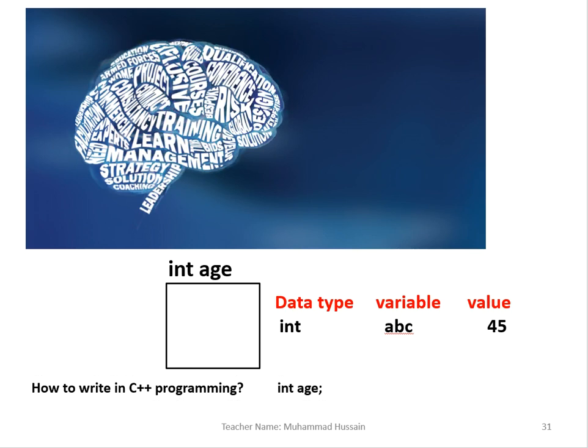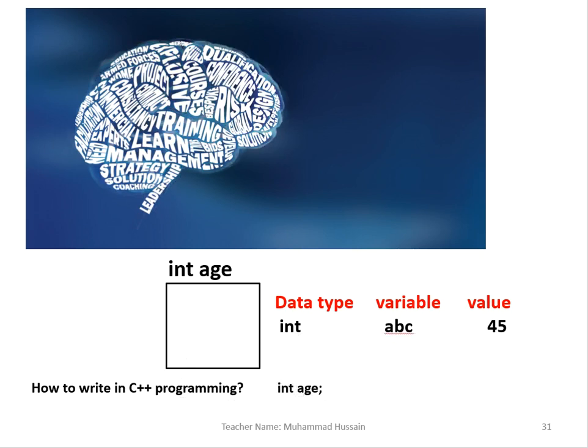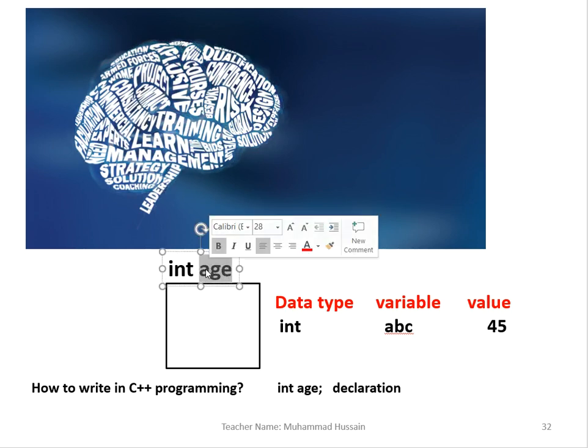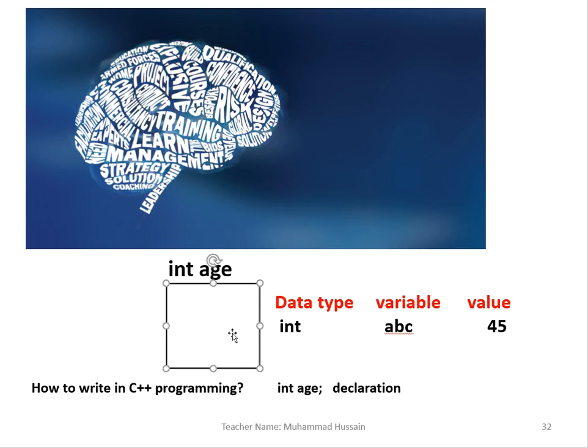If you give in your program an integer and a name, this concept is called declaration. Declaration means that you have a block name and which type of data this block contains, but there is no data in it. You have only declared it.